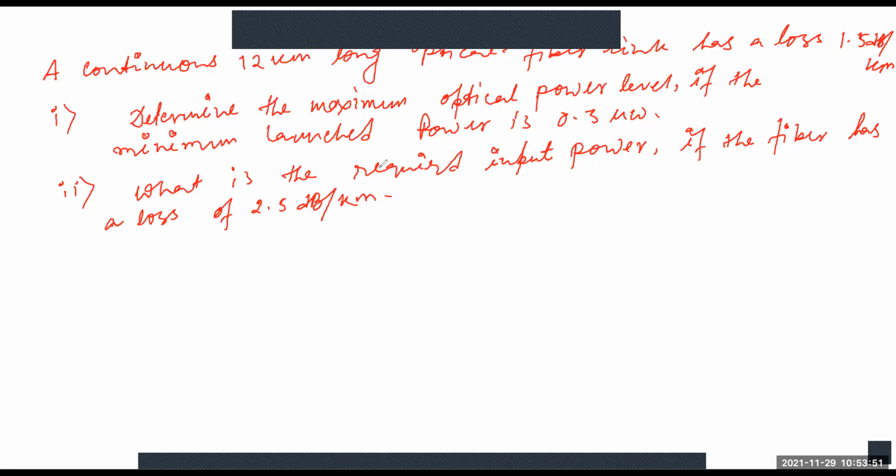And the second question is what is the required output power if the fiber has a loss of 2.5 dB per km. You already saw two problems of this type, so just do it now.